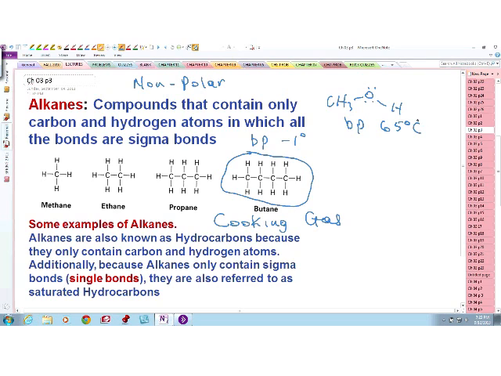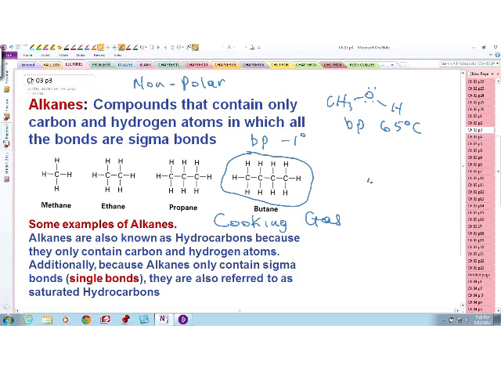In other words, methyl alcohol requires a lot of energy to break the bonds between individual molecules in order to go into the gas state. But with butane, even though it looks like a bigger molecule, the interactions between different molecules are fairly weak.